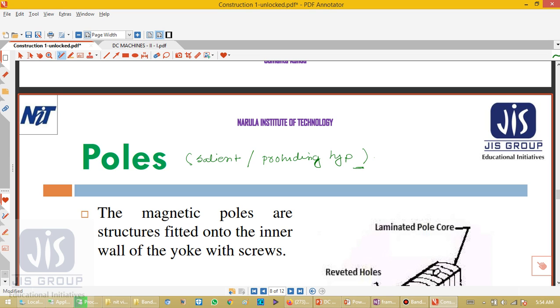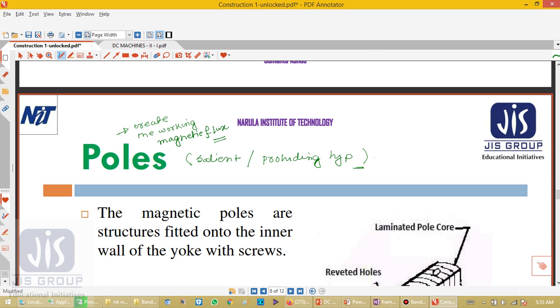Okay, and the function of the main pole is to create the working magnetic flux. Okay, it creates the working magnetic flux.